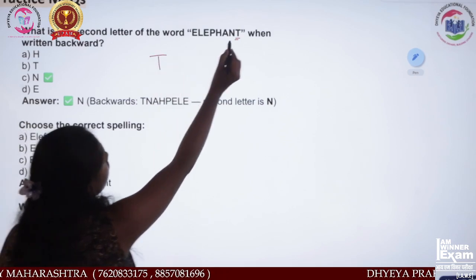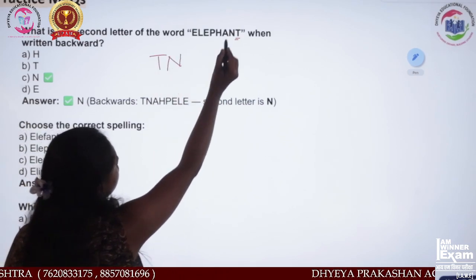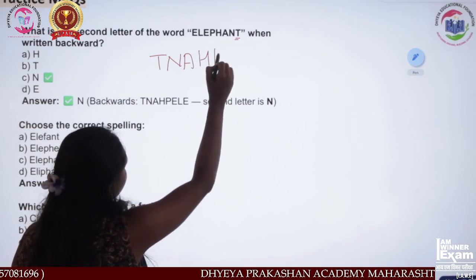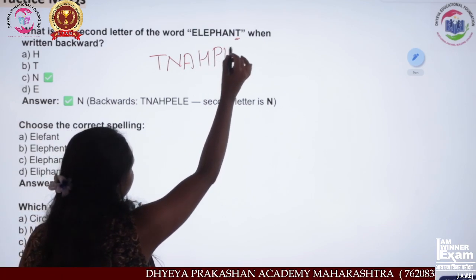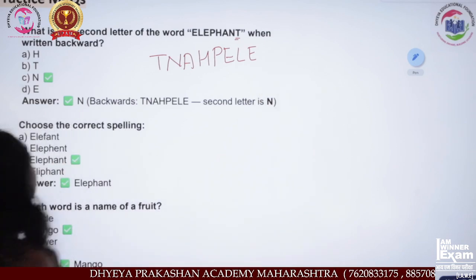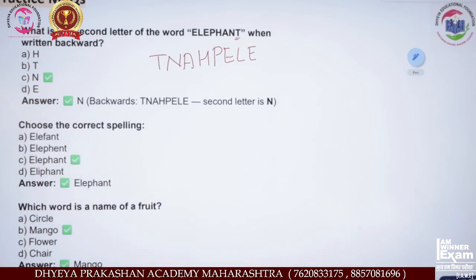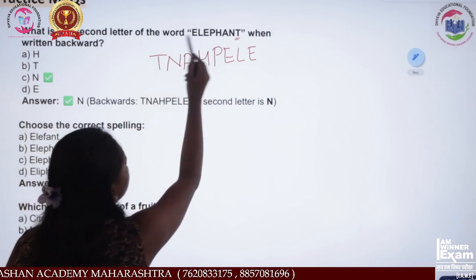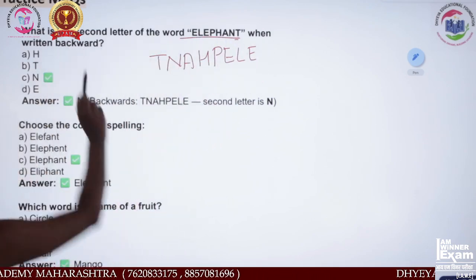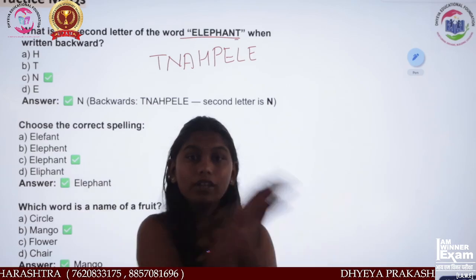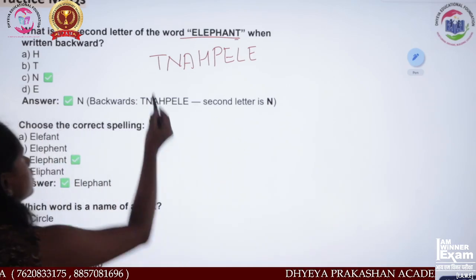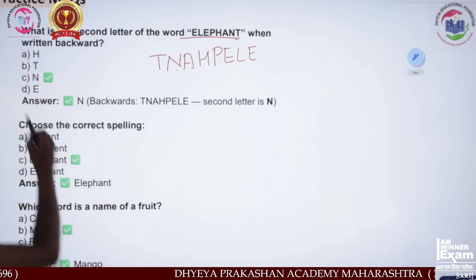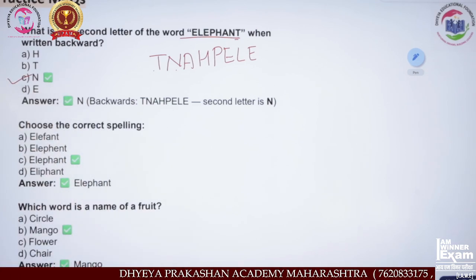T, then N, then A, then H, then P, E, L, E. After reversing, this is the first and this is the second, so N is the second letter. The correct option is N.